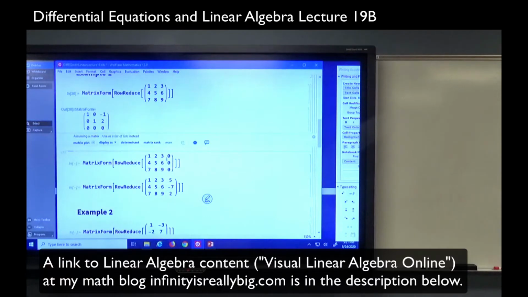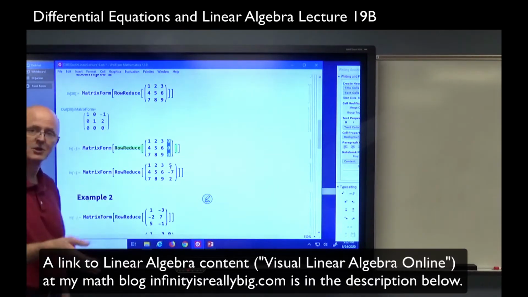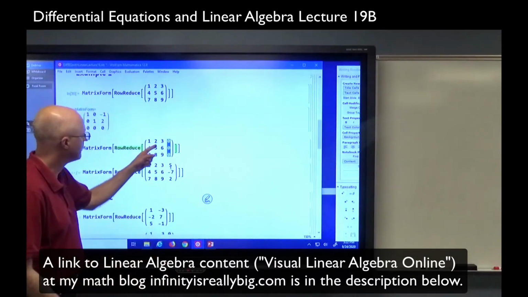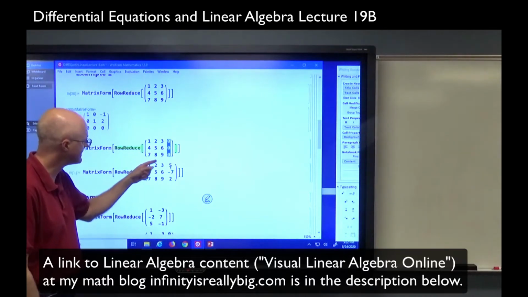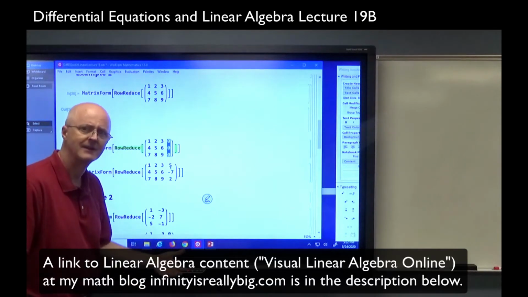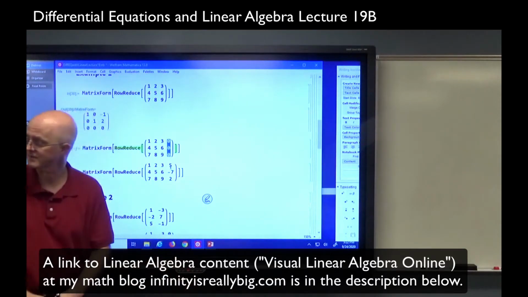If you make an augmented matrix where the last column is a bunch of zeros, that means you're thinking about the corresponding homogeneous system: x plus 2y plus 3z equals 0, 4x plus 5y plus 6z equals 0, 7x plus 8y plus 9z equals 0.